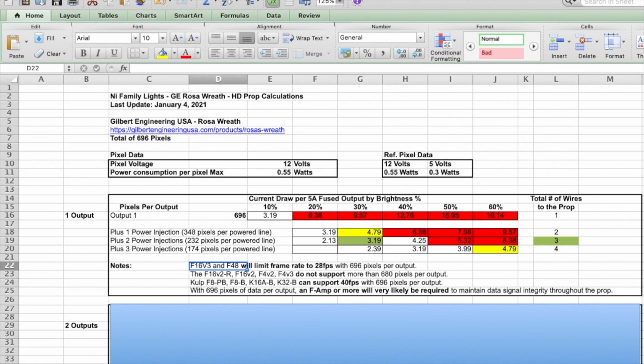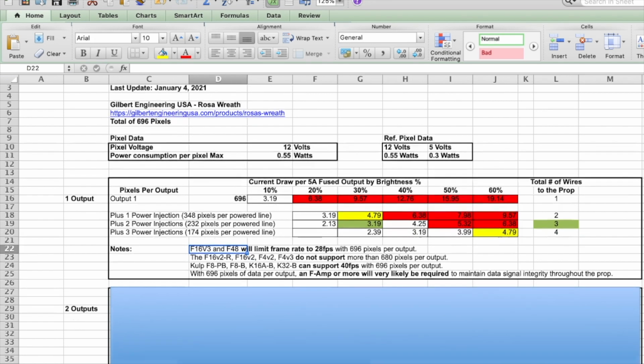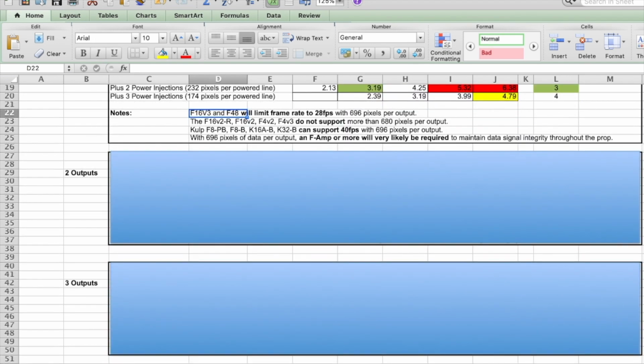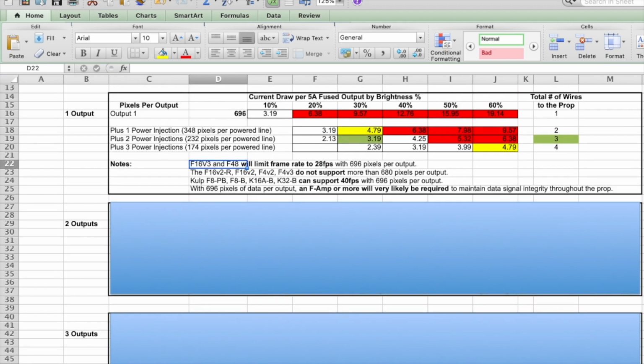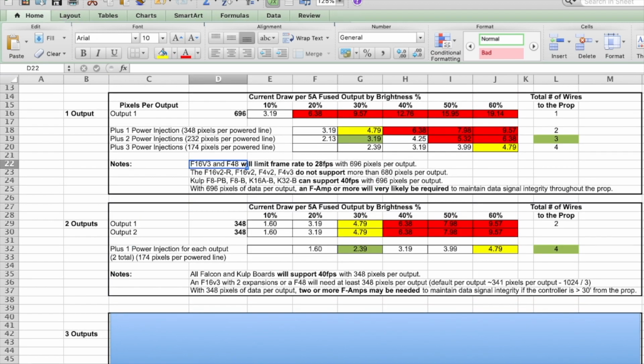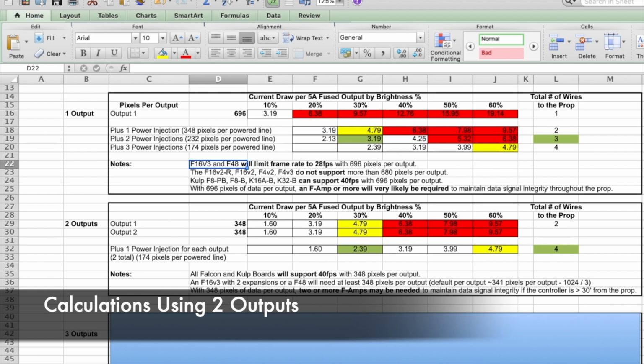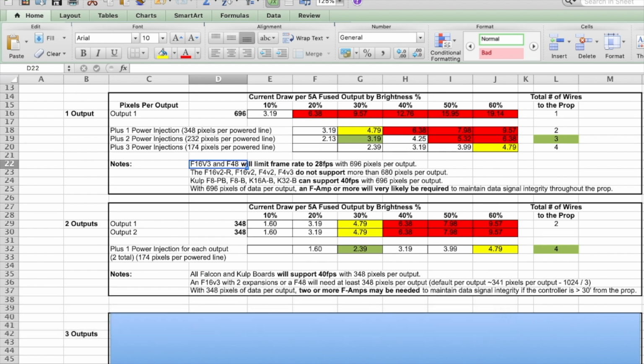Okay, let's take a look at running the prop with two outputs. So now we're looking at 348 pixels per output. Running the prop at 10 or 20% brightness, you should have no issue with needing to run any kind of power injection.